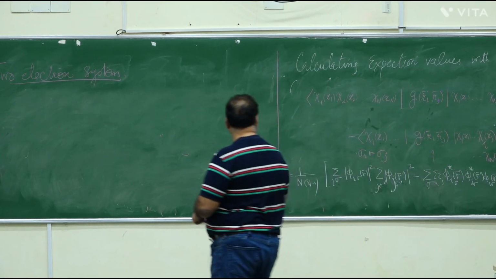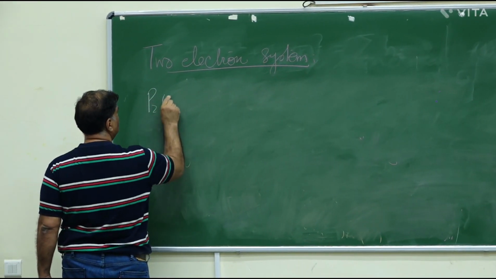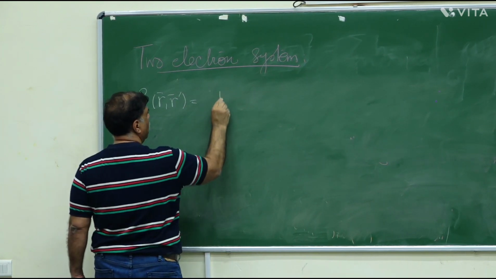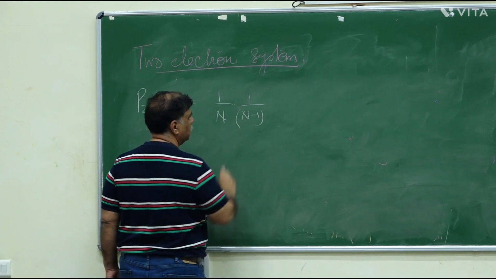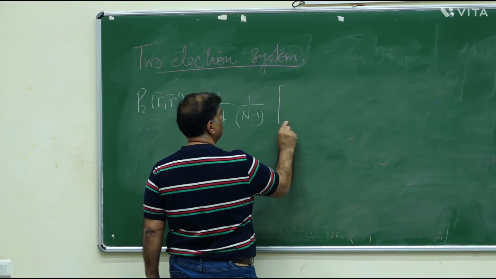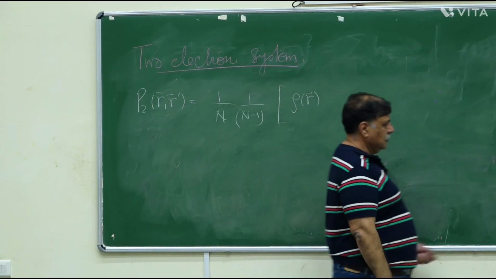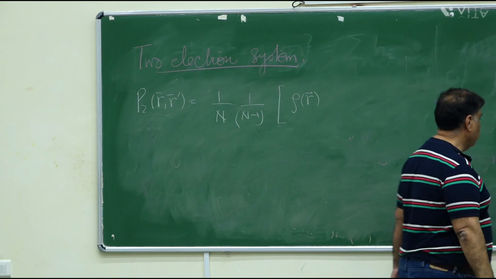I have P2 over n minus 1. Inside I have rho r, right? This is summed over all the occupied orbitals with all the spin taken care of.